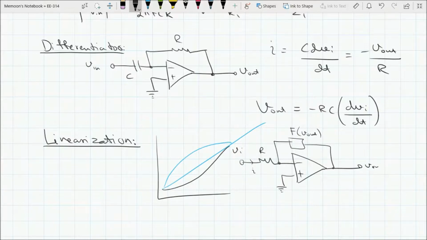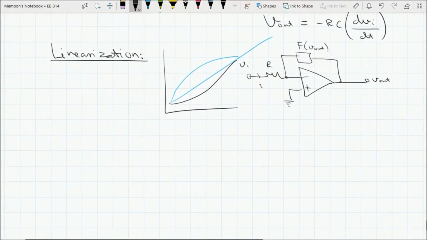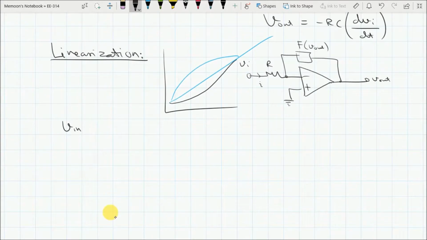Now we know that V in over R is equal to negative I of V out. If this is a non-linear variation of current with voltage, V out is equal to G of V in over R. So this is a non-linear function.